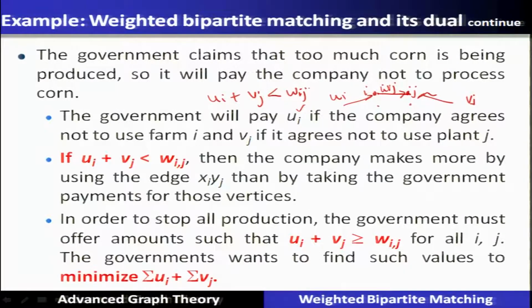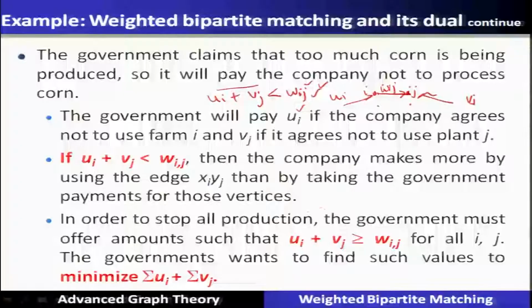Now, the plant that is making the profit, if it is using the produce of a farm and manufacturing it, gets the profit of wij, but if it is not doing it, it will get ui plus vj. Since this particular value is less, the plant will try to make a profit, the company will make a profit and it will do the production.